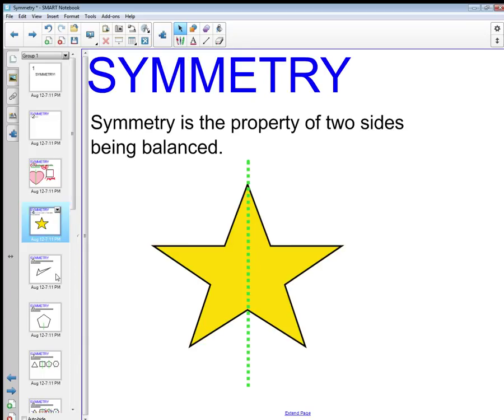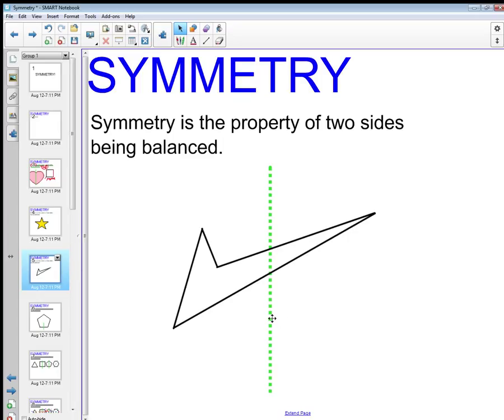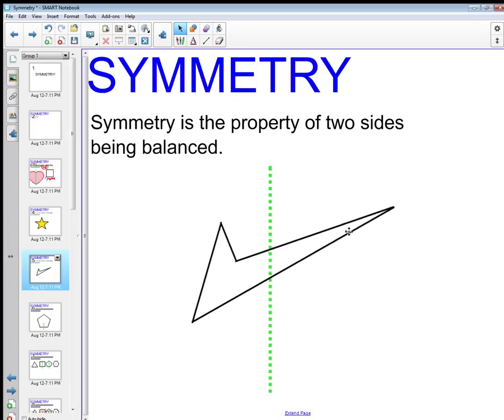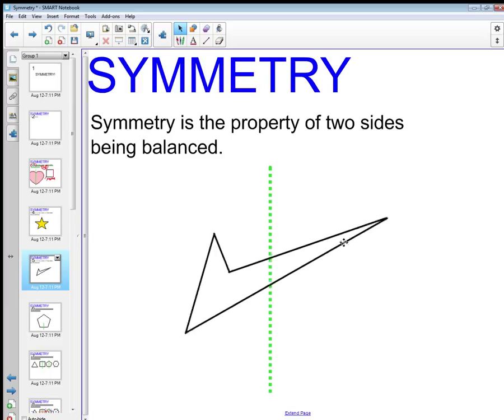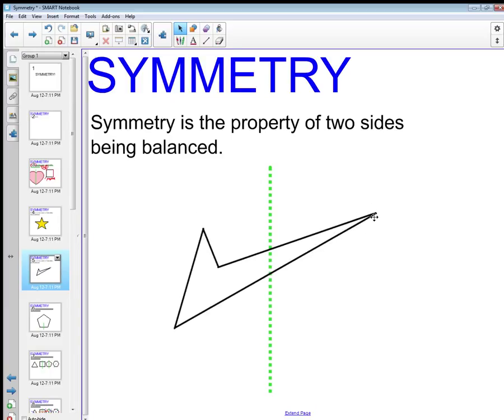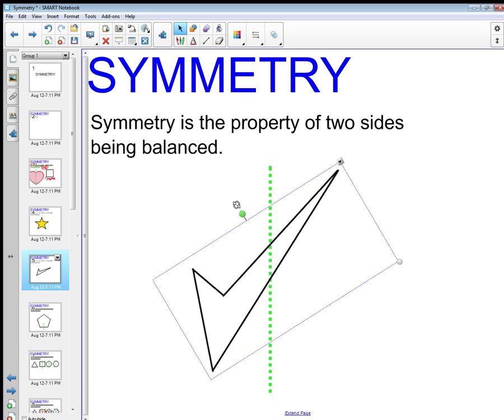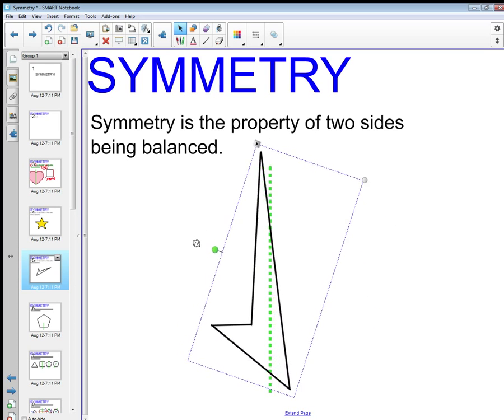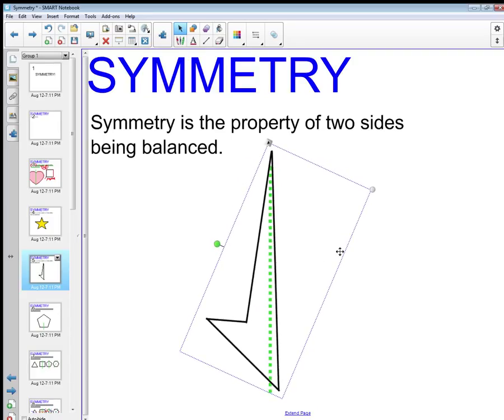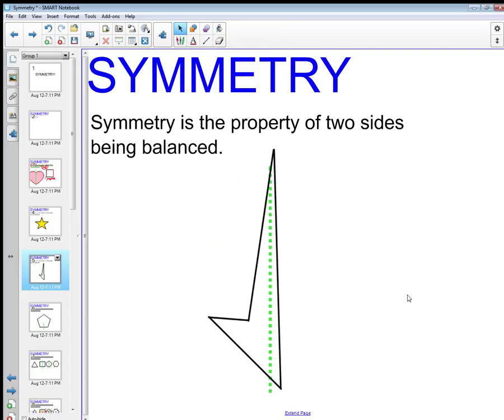How about one like this? Let's take a look. At first glance, this looks like it doesn't have any lines of symmetry. You think, well, hang on, I can't take this side and fold it over to here. That wouldn't work. But what if I turn it? Maybe I can turn it. There we go. What do you think? Symmetrical? No, it's not symmetrical. Of course not.